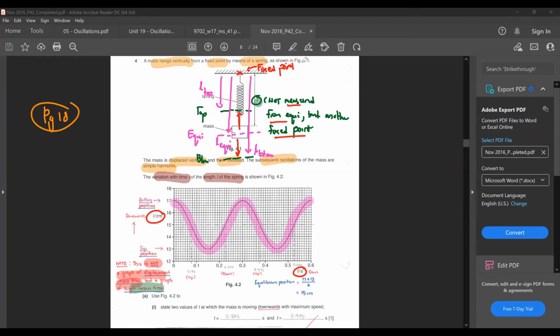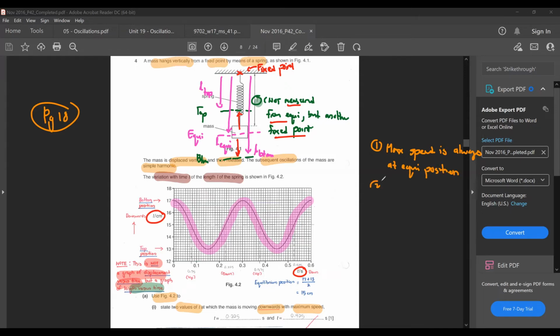Now from that figure itself, state two values of t at which the mass is moving downwards with maximum speed. From last week's lesson, I mentioned to you that max speed is always at equilibrium position.